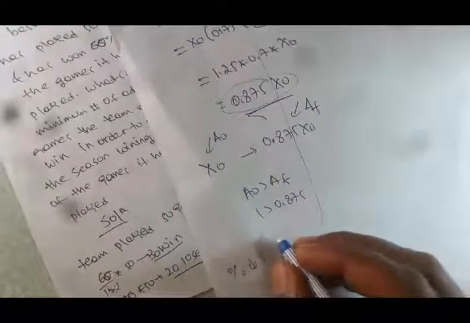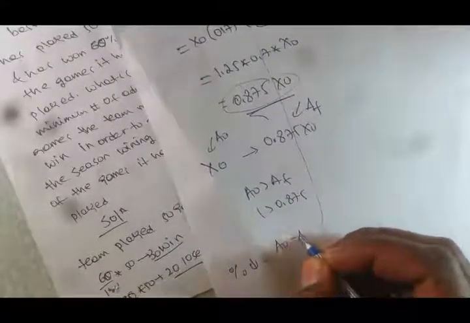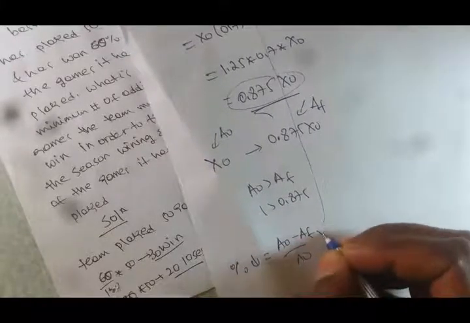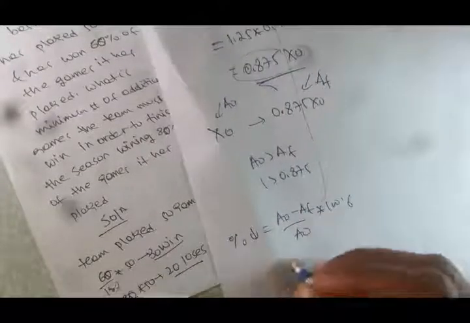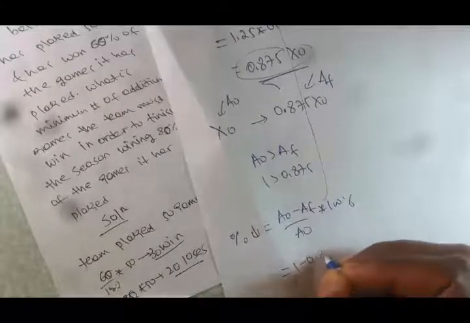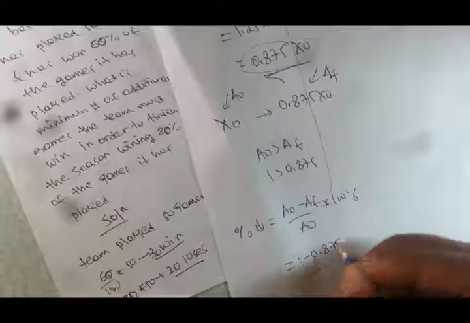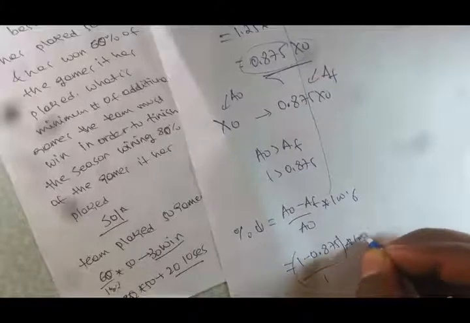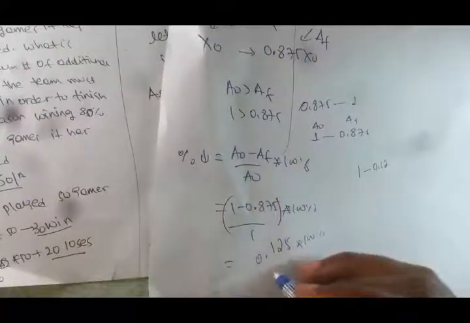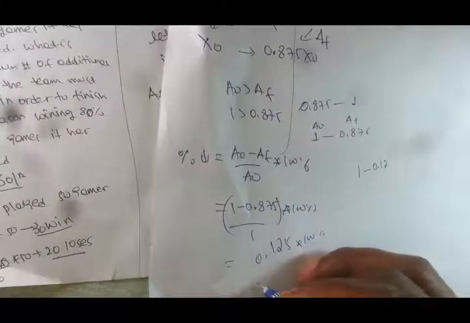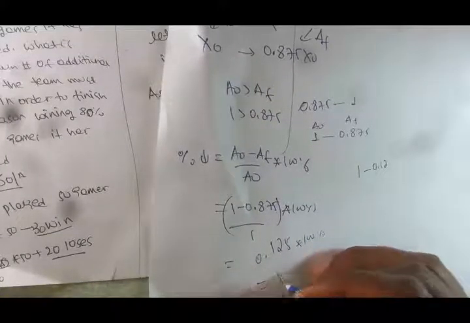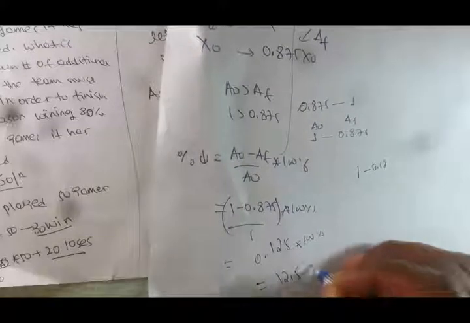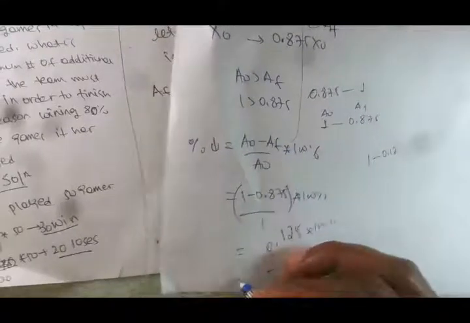The percent decrease is found by AO minus A final over AO times 100%. This is 1 minus 0.875 over 1 times 100%, which equals 0.125 times 100%, which becomes 12.5% reduction on her income.